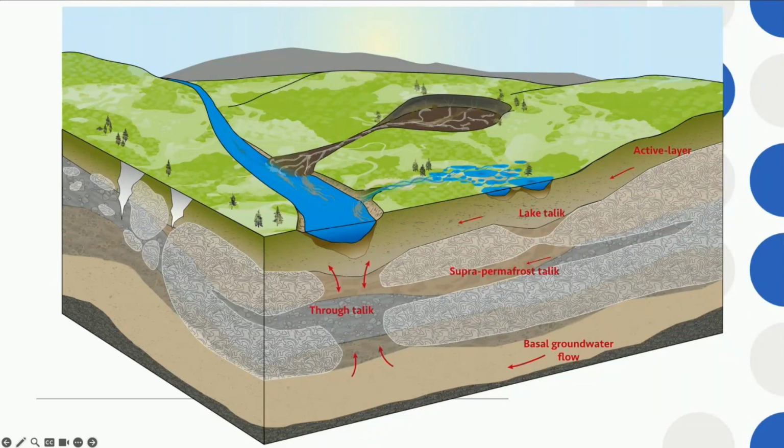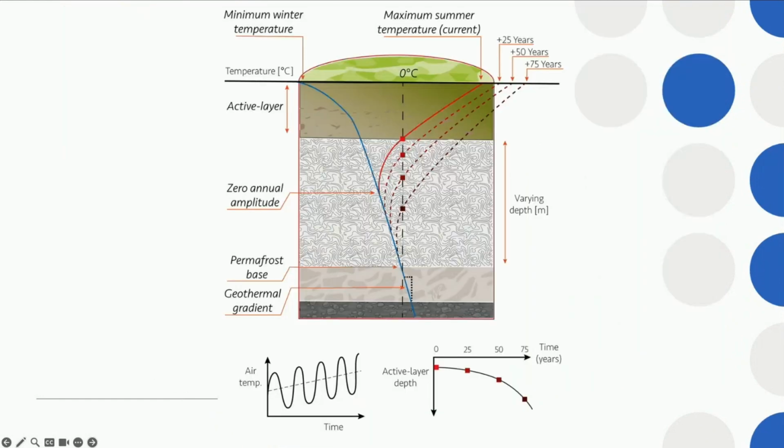In this research, we mainly focus on the transition between freezing and thawing. This is the most dynamic part of permafrost, and this takes place in the active layer. Here, mostly temperature observations are used to track the temporal evolution of the active layer.